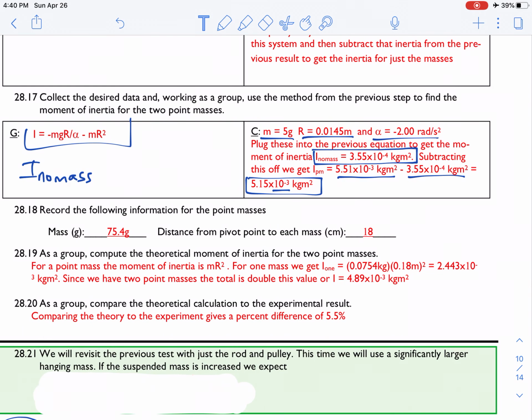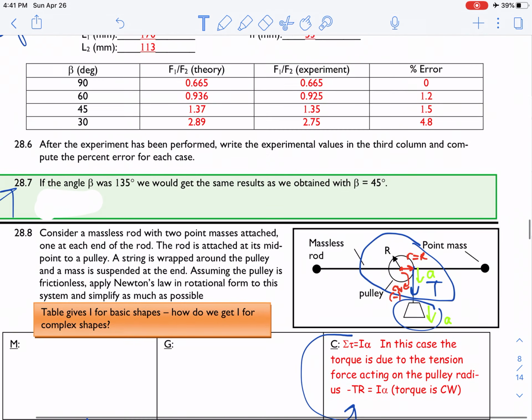So next thing we should do is to check. This is our experimental answer, but this is for two masses. In the next step, we are calculating the theoretical value. If each mass is 75.4 grams, and the distance from the pivot point, I'm going to go back up here to the figure.